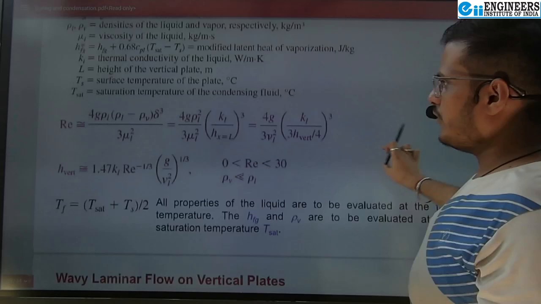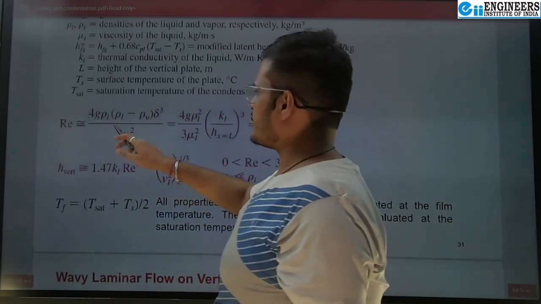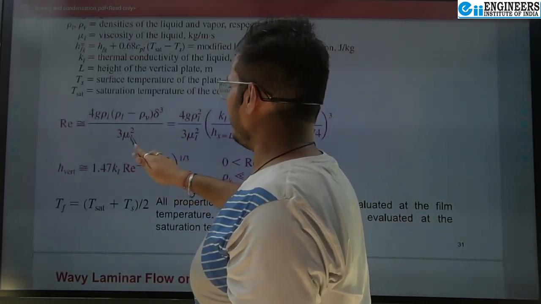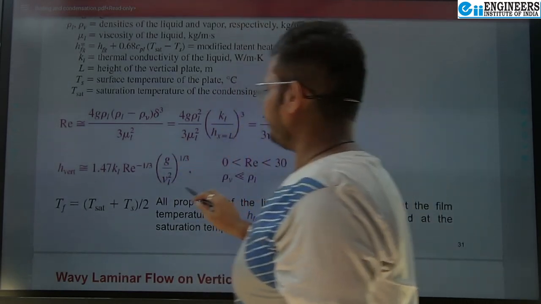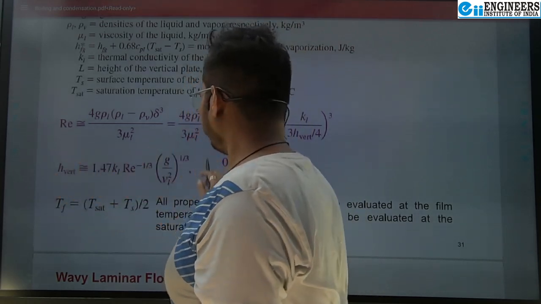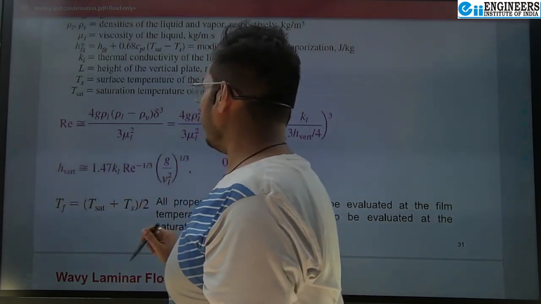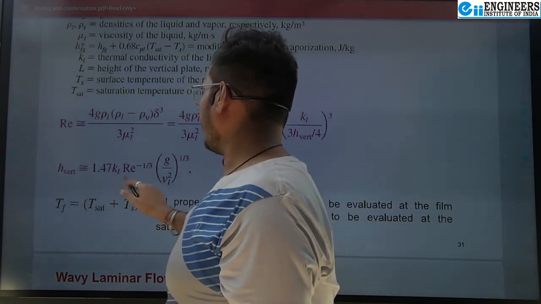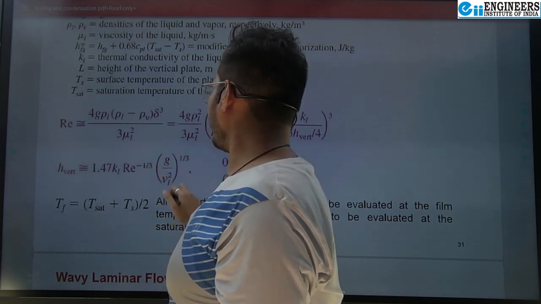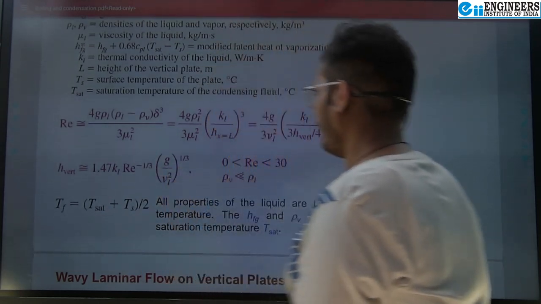Then the Reynolds number will become 4g rho L into rho L minus rho V delta square by 3 mu square. So it can be represented in this form: h vertical is nearly equal to 1.47 kL Re to the power minus 1 by 3 into g by nu square to the power 1 by 3.